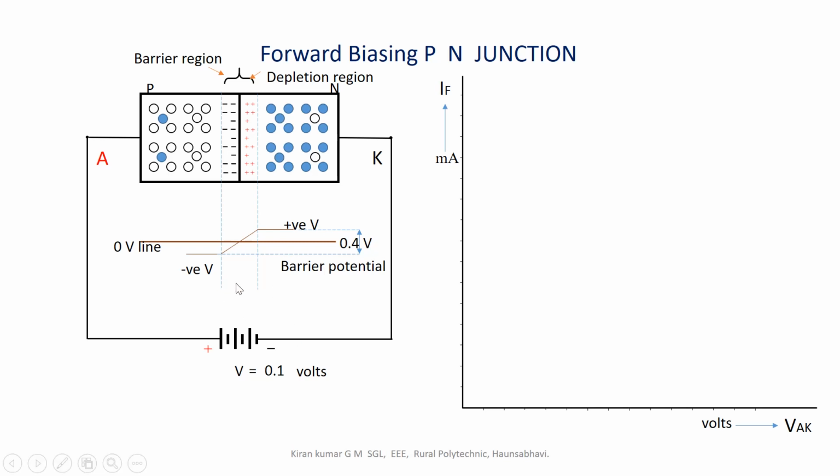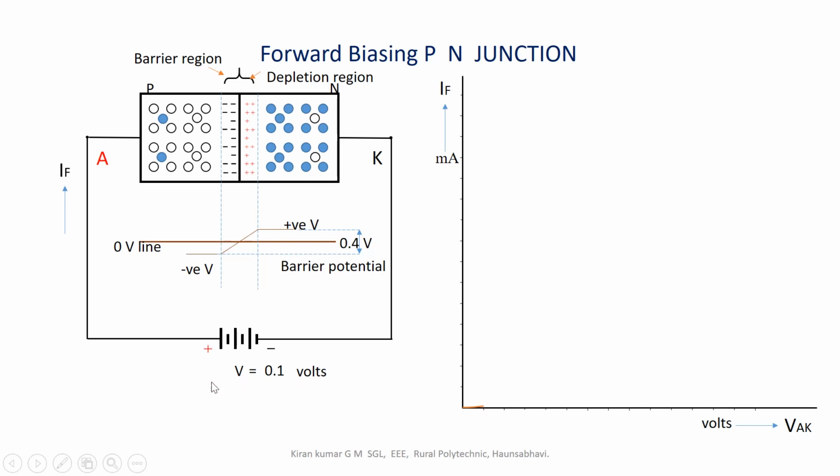This small current will be represented by a small red line here at this graph origin. You can observe here, it would be a very small current initially with the application of 0.1 volts.